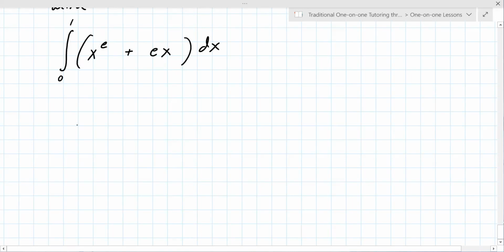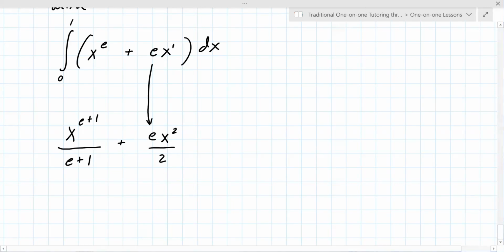So the rule is you add 1. See how I'm adding 1 to it? Over e plus 1. Is that okay? So that's this first one. Plus, the exponent here is 1, so it's x squared e over 2, because the e comes down and the 2 comes from the exponent.